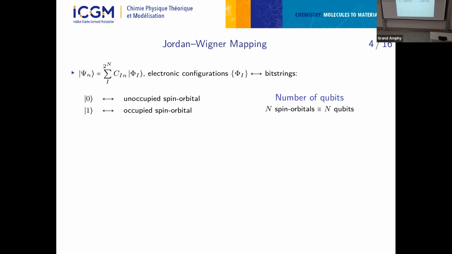So this is exactly the same expression that I wrote before, where one electronic configuration is actually written as a bit string in the occupation number representation, where you have 0 for a non-occupied spin orbital and 1 for an occupied spin orbital. So the number of qubits actually corresponds exactly to the number of spin orbitals in your problem.